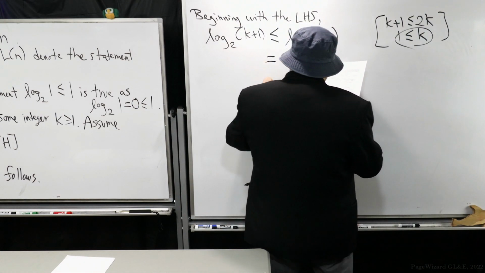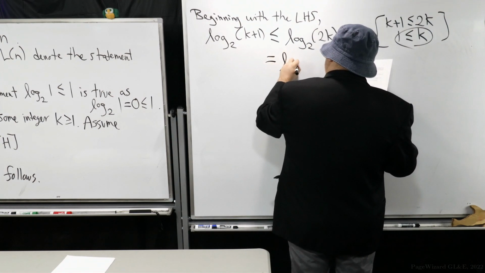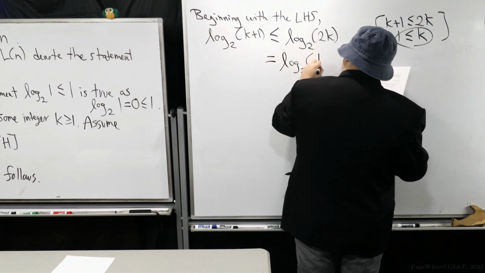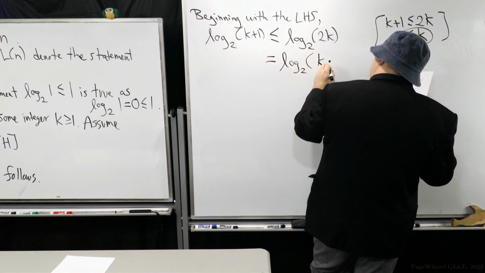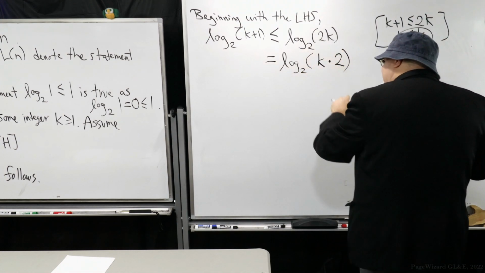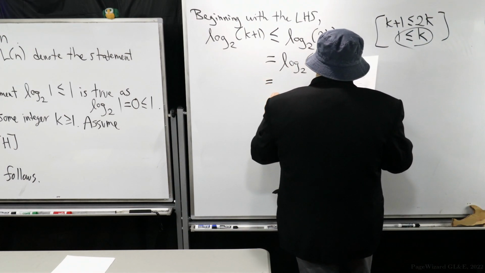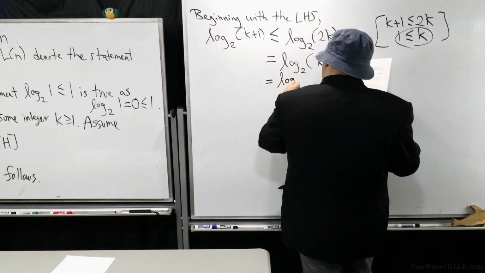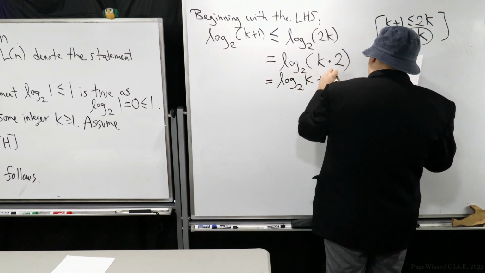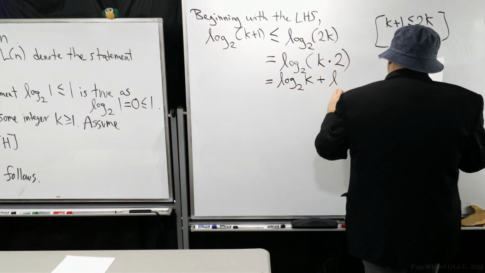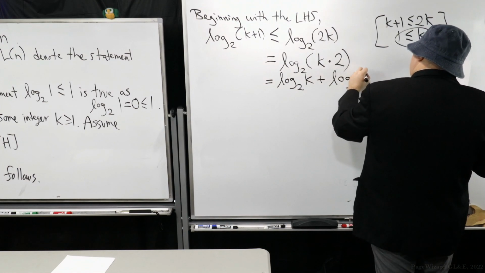Next, this is equal to log base 2 of k times 2 inside the input. I'm just going to rewrite this in a deliberate manner. Next, I'm going to apply the product rule of logarithms: log base 2 of k plus log base 2 of 2. I'm just splitting this into two sums.